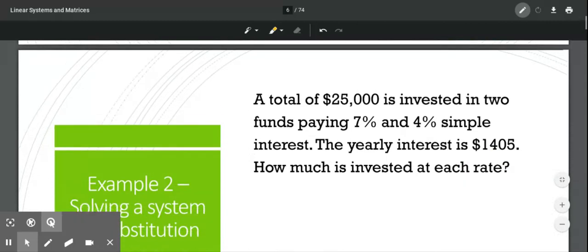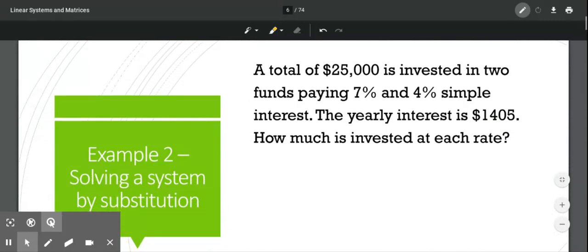All right, so now let's apply this to a real life application. You have $25,000, and you're going to invest this into two different accounts. One pays 7% and one pays 4%. And then the interest that you earned in the year was $1,405. So we need to figure out how much you invested into each account.